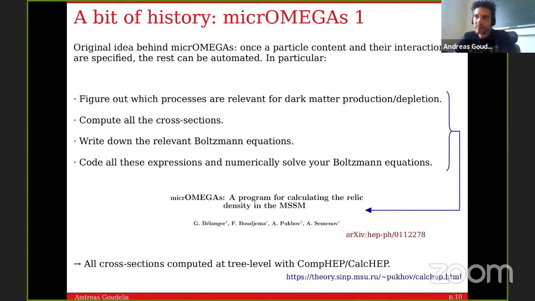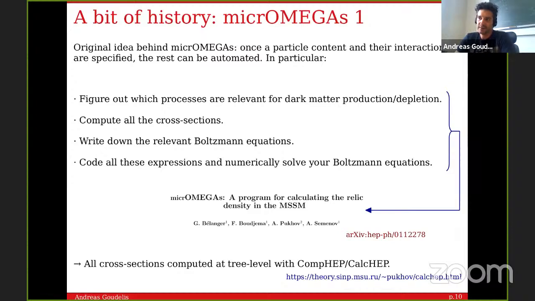So the original idea behind micrOMEGAs was that once a particle content and the interactions between these particles are specified, the rest can be automated. And in particular, what can be automated is figuring out which processes are relevant for dark matter production or depletion, computing all the cross sections, writing down the Boltzmann equations, and one of the most important parts, the coding of these expressions and the numerical solution of the Boltzmann equations.